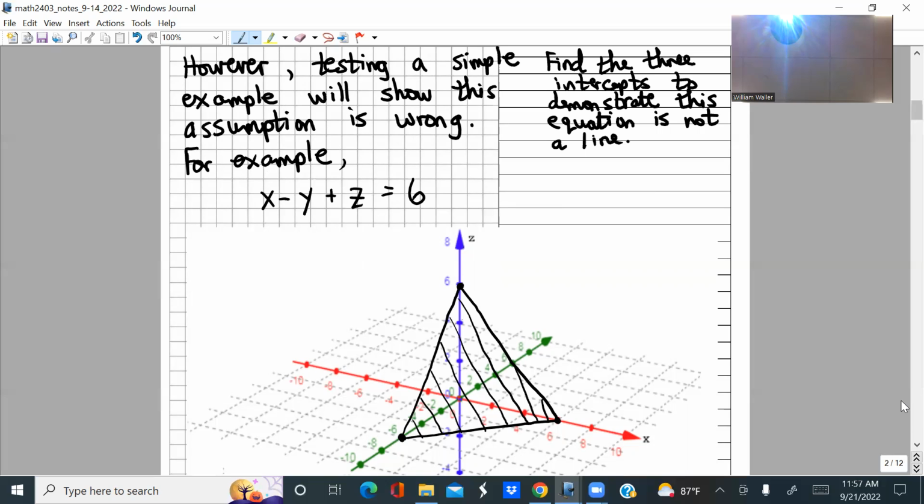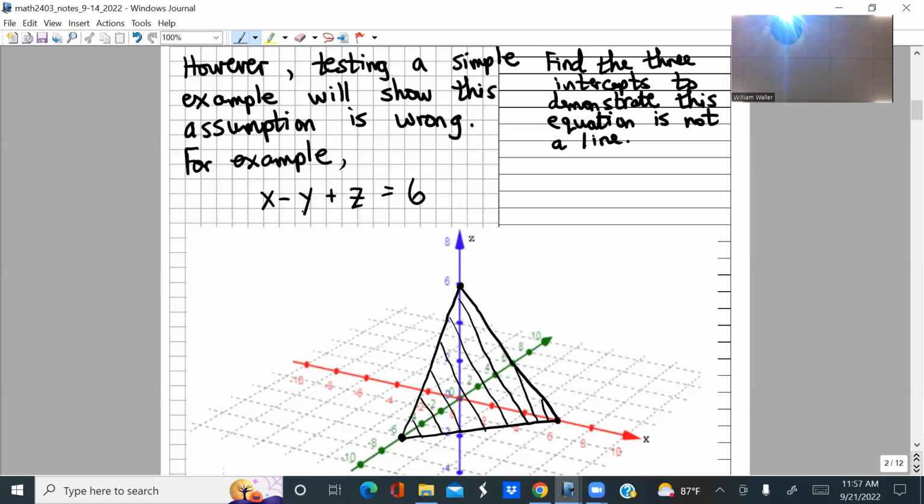An easy way to find solutions to equations with 3 unknowns or 2 unknowns is to look for the intercepts on the axes of the graphs. So for instance, to find the z-intercept where this graph crosses the z-axis, set x and y to 0. Then z is equal to 6. So there's our plot of the z-intercept. And then you can also plot the x and y intercepts as well.